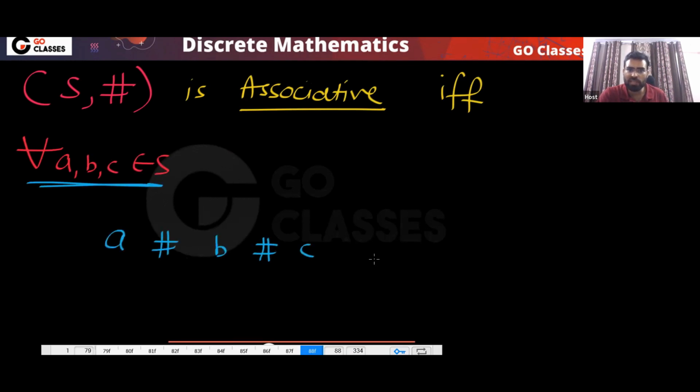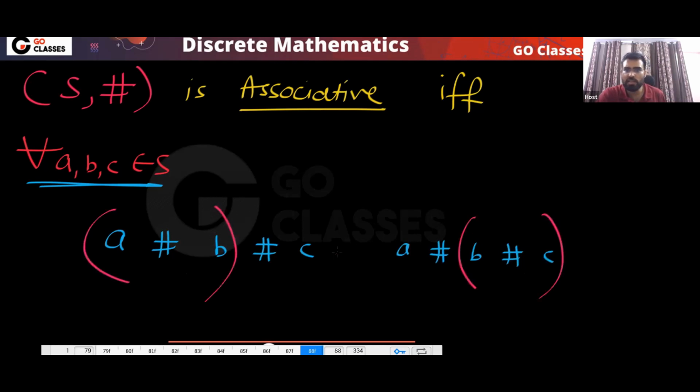if you have this type of thing, then you can notice that whether you do this first hash first or whether you do this second hash first, the result must always be the same. This is the definition of associative.